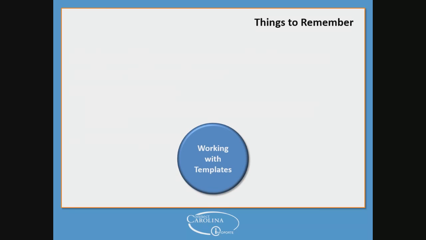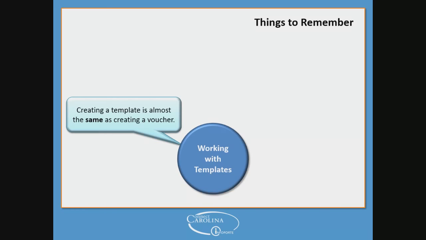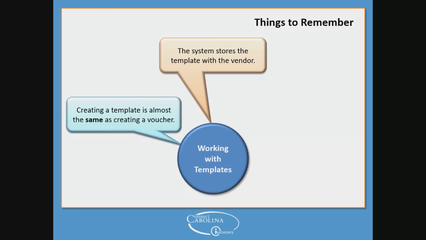So with that being said, before we even start, there's a couple of big things to remember when you're working with these templates. The first one is that creating a template is almost the same as creating a voucher. Again, when I get into it, you're going to be like, oh, I know exactly how to do this. The second thing, and this is kind of a big thing, we'll talk about why, but the system stores the template with the vendor.